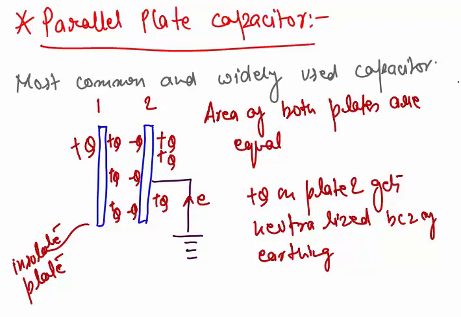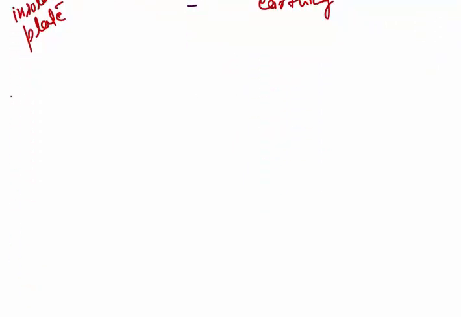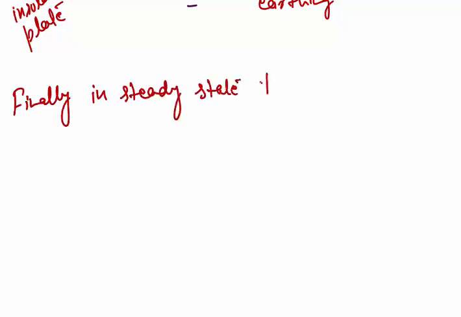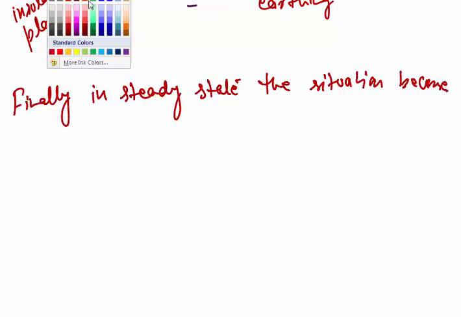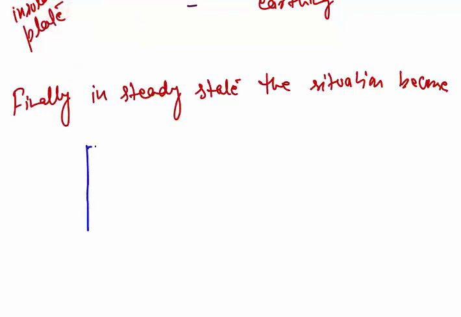So finally, in steady state, the situation becomes this: plate 1 is positively charged and plate 2 inside is negatively charged.